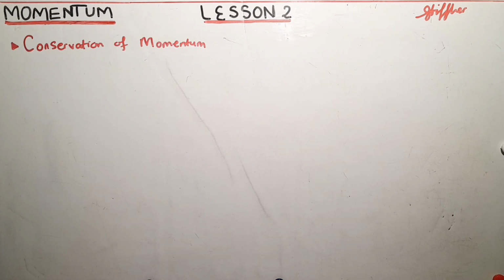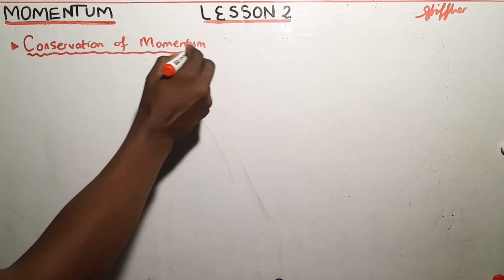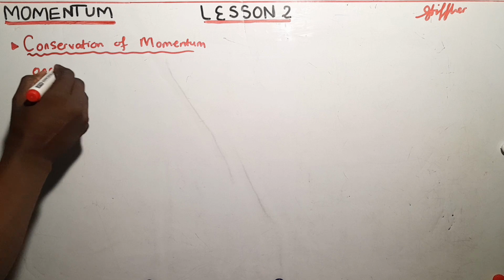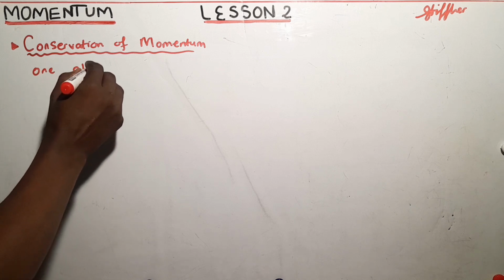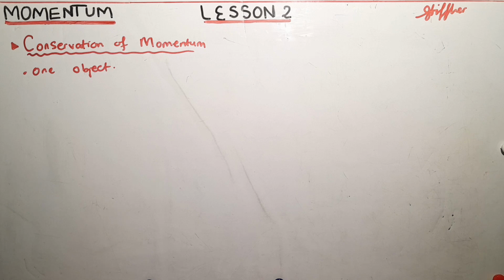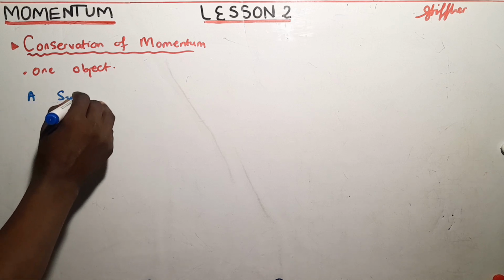On the first lesson, we focused on momentum, which we were only focusing on one object. So previously we were focusing on one object alone, right? So in this section, we are going to be focusing on a system.